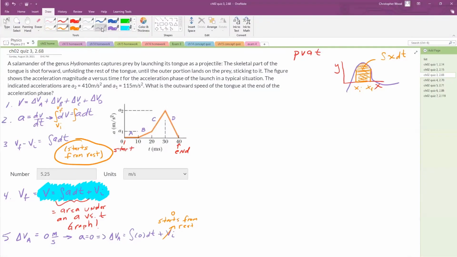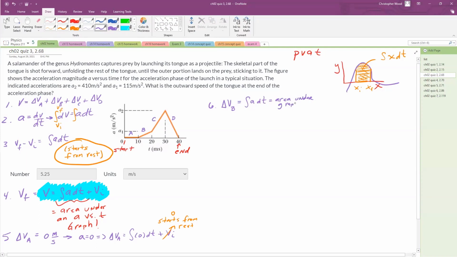Let's talk about segment B. So number 6, what's going on with the change in velocity during segment B? And the answer is area under graph, because just to repeat, I did the heavy lifting to show that change in velocity is a times dt, which is for the umpteenth time area under graph.